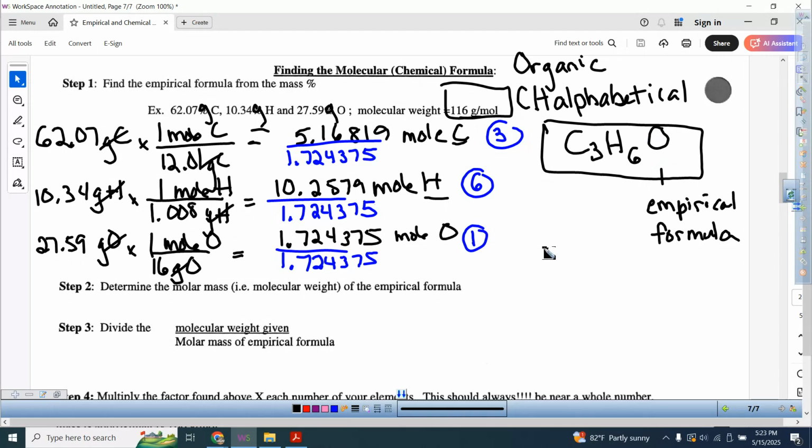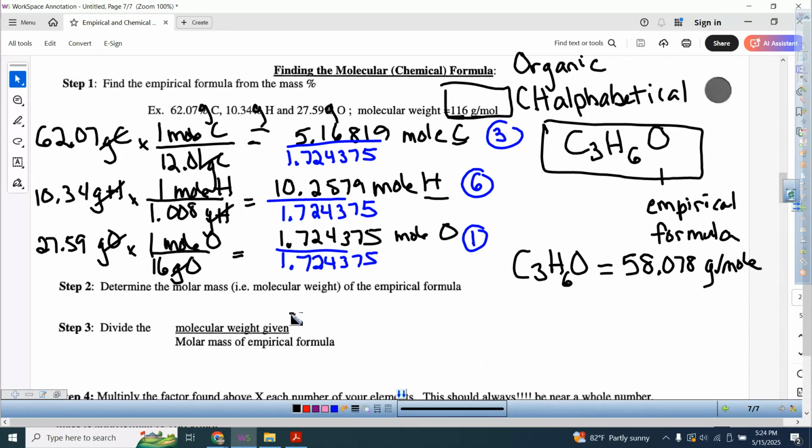So when I take C3H6O and I add it up off the periodic table, 12.01 times 3 plus 1.008 times 6 plus 16 gives me a mass of 15.078 grams per mole. That does not match up to the 116.